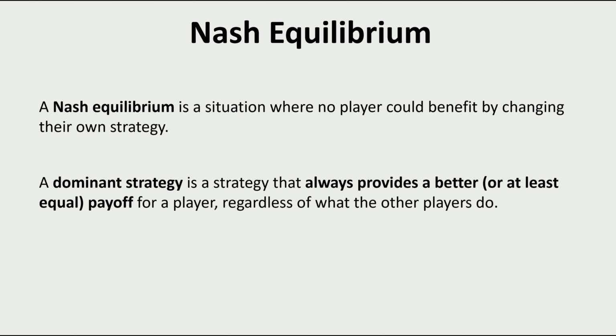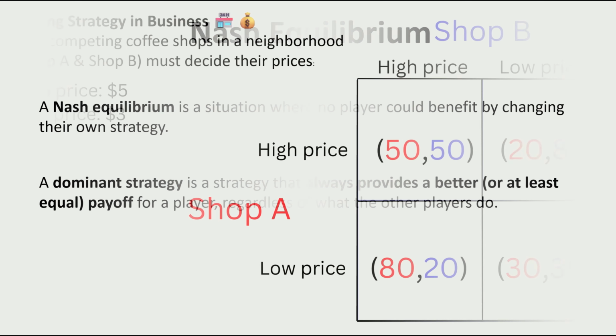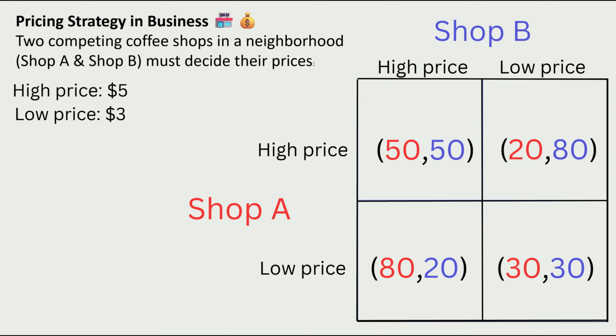Now, we can take a look at an example just to make more sense. There are two competing coffee shops in a neighborhood, shop A and shop B, and they must decide on their prices. Shop A and shop B can charge a high price, like $5 per cup of coffee, or a low price, $3 per cup of coffee.